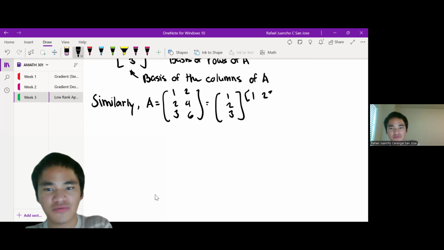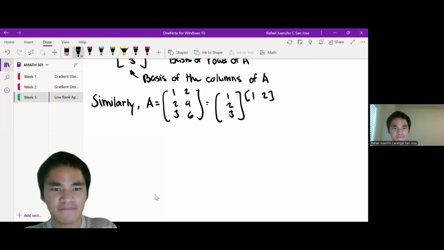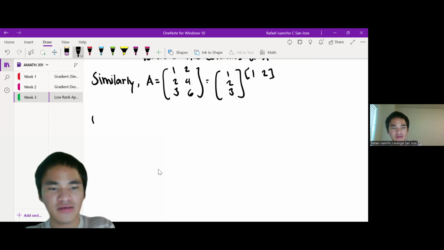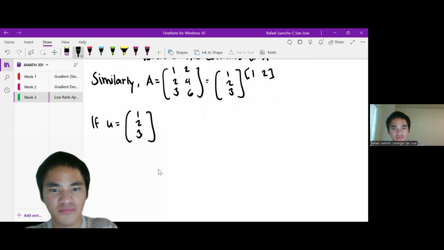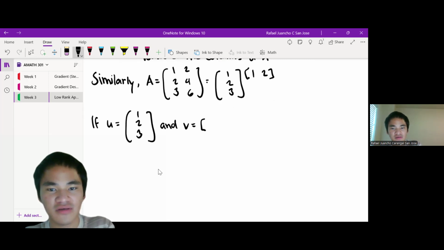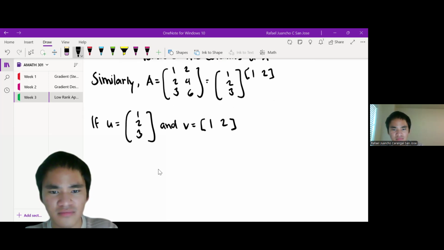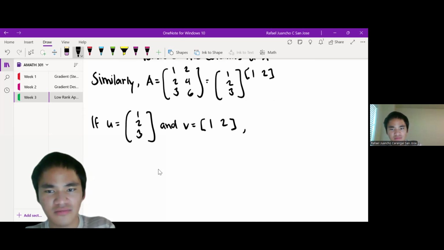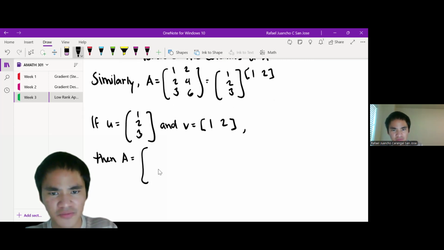Then we have 1, 2, right? And if, let's say, U is equal to this column vector, and we say, let's assign V to be the row vector. Well, A will then become something new. 1, 1, U, 2U, 1, 1.